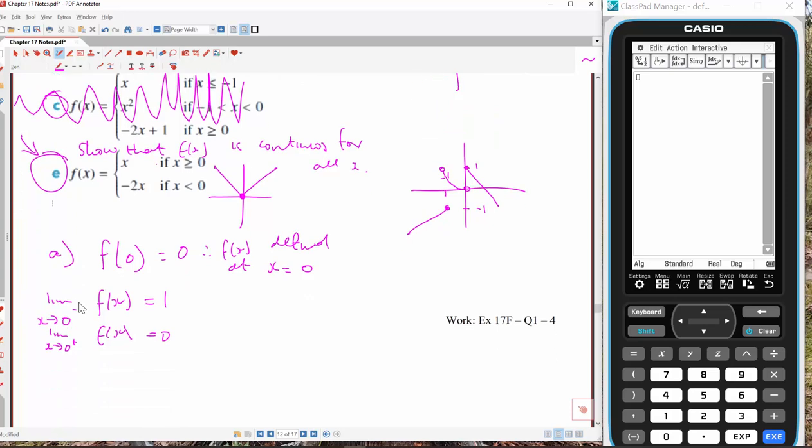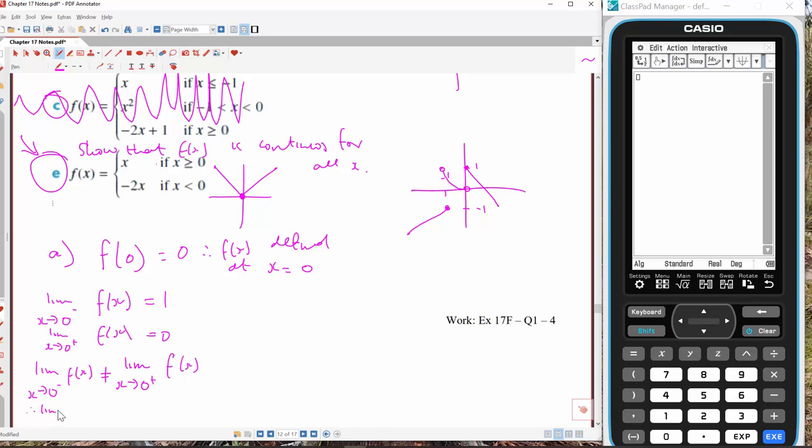So what I can quickly see here is that the limit from the left and the limit from the right don't match up. So I'm going to say that, in conclusion, the limit from the left of the function is not the same as the limit as x approaches 0 from the right for the function.